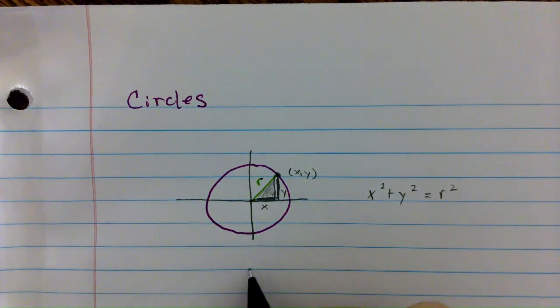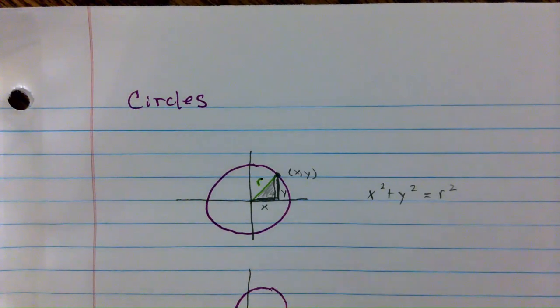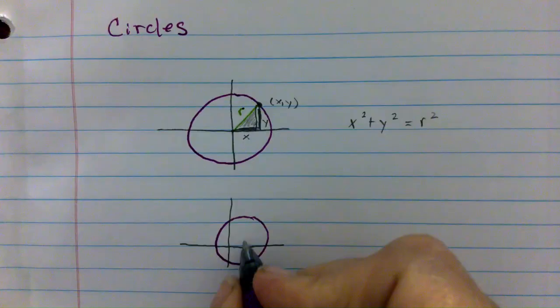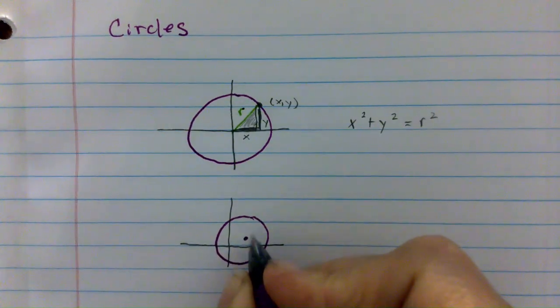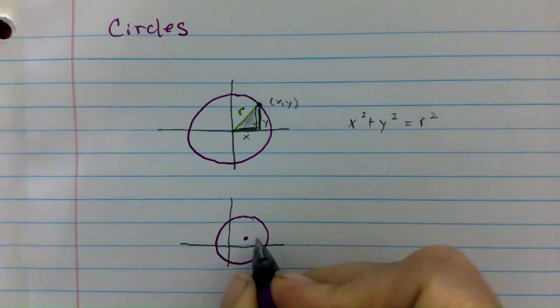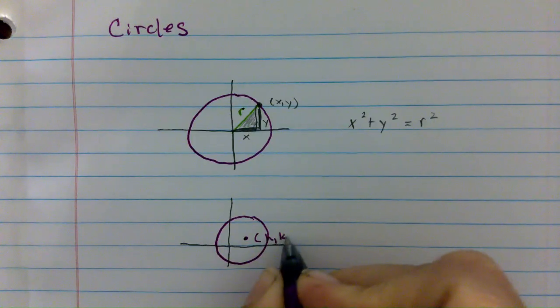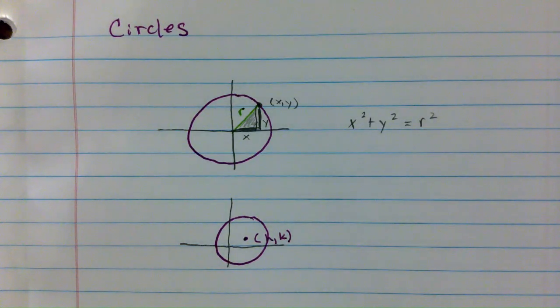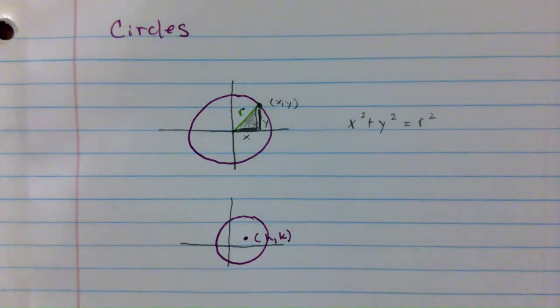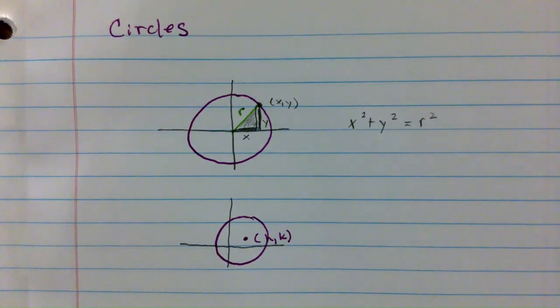However, what if I took that same circle and I shifted it? It has the same r, but now it's been shifted to the right and up. Well, that's that HK shift, right? And if you've watched videos about transformations of functions, you've done HK shifts.